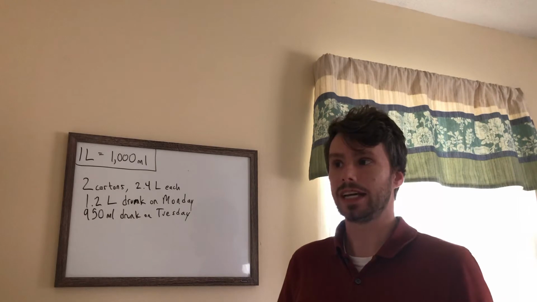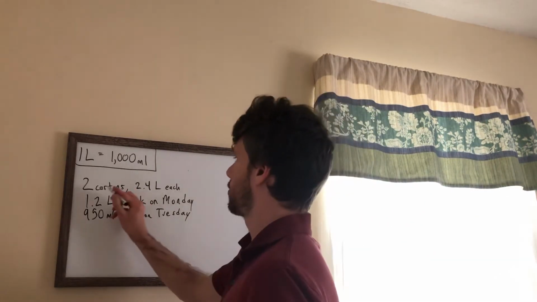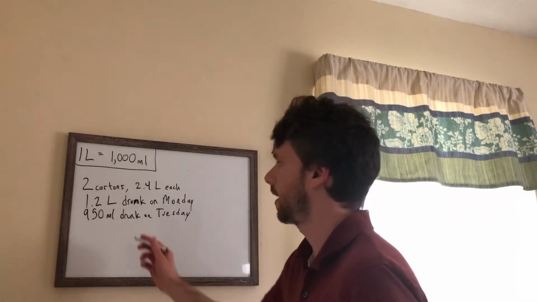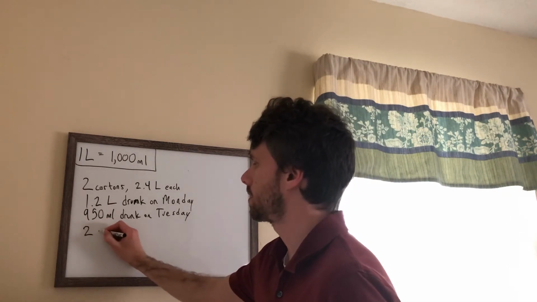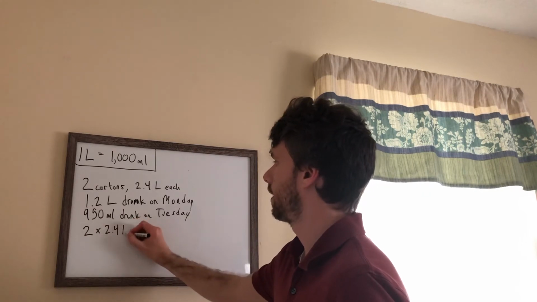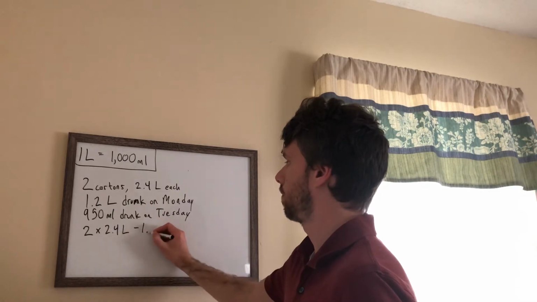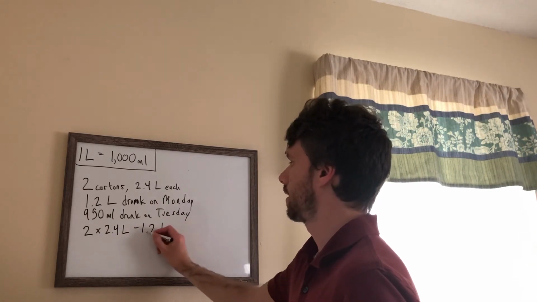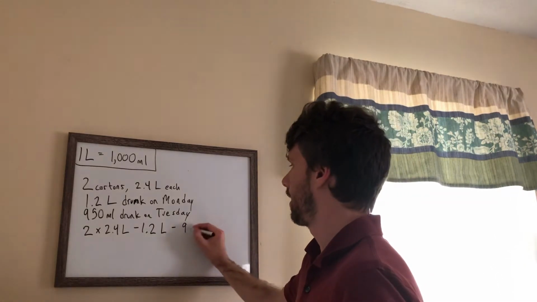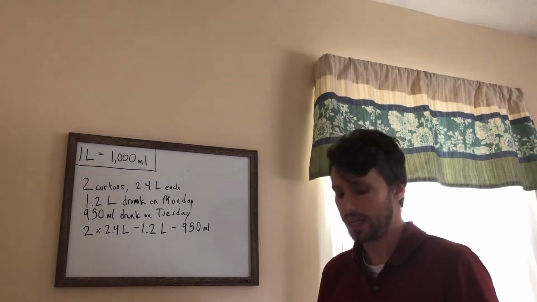So let me show you what we're going to do next. We need to actually choose the strategy, a plan of action. So let's write this as an equation, okay? We have 2 cartons, so 2 times 2.4 liters, right? We're going to subtract the 1.2 liters that her 3 children drank on Monday, and we're going to subtract the 950 milliliters that her children drank on Tuesday.